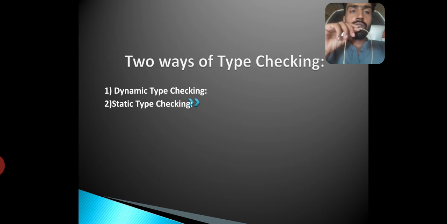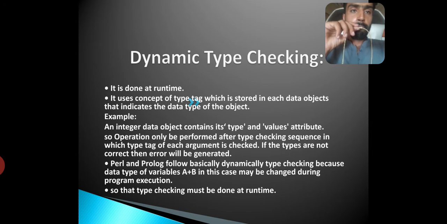There are two ways of type checking: one, dynamic type checking, and two, static type checking. Dynamic type checking is done at runtime. It uses the concept of a type tag which is stored in each data object. For example, an integer data object contains its type and value attributes, so an operation is only performed after type checking.